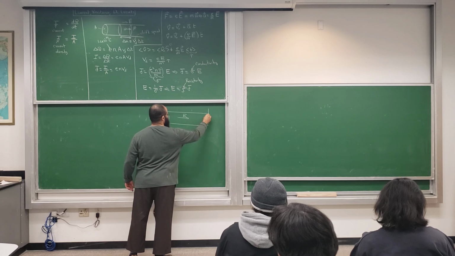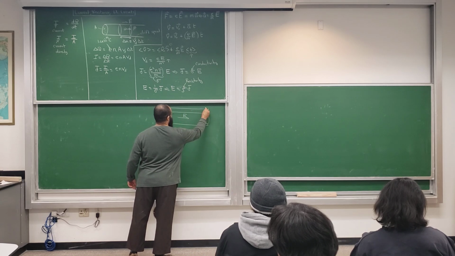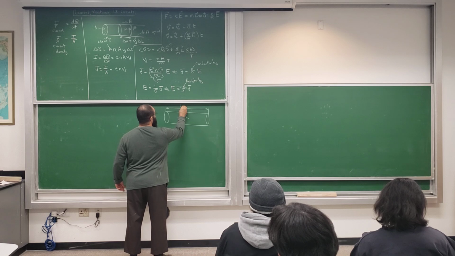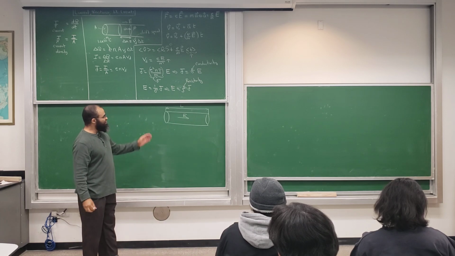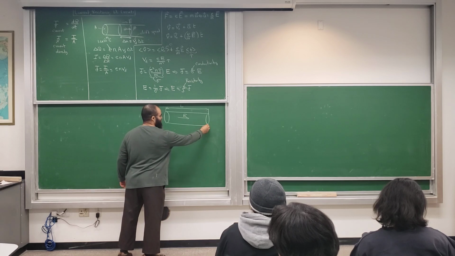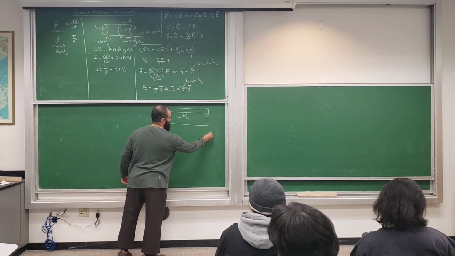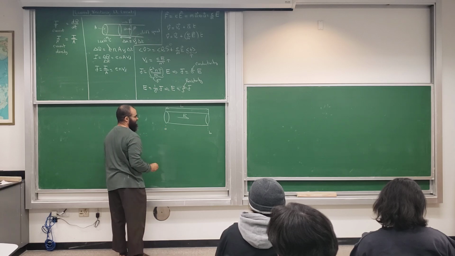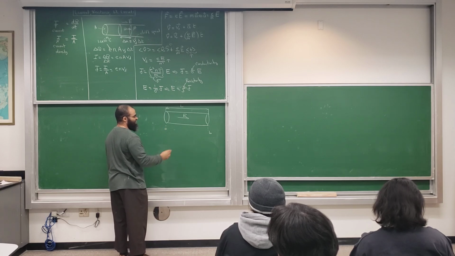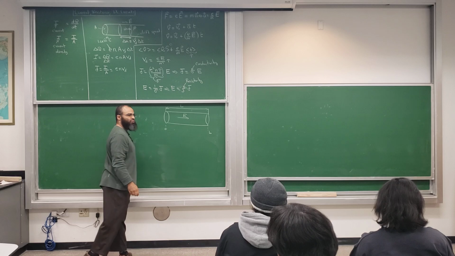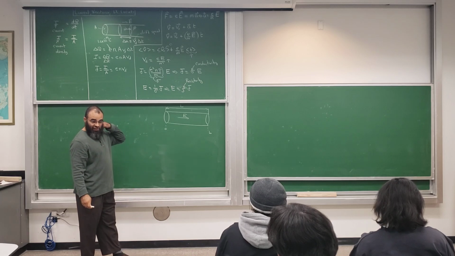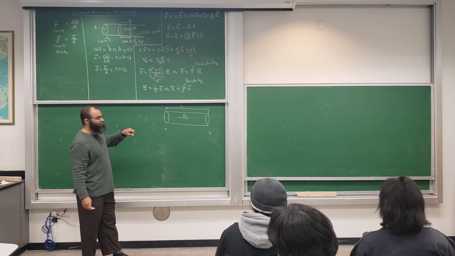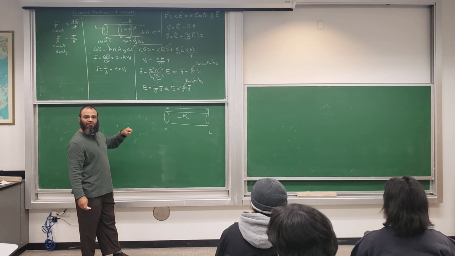Let's say the electric field is to the right, and the length is L. What's the potential difference across? Let's call this point here B, and this point here A. Is the potential at point B higher or lower than point A? A is higher? Why is A higher? You have to give me a reason.